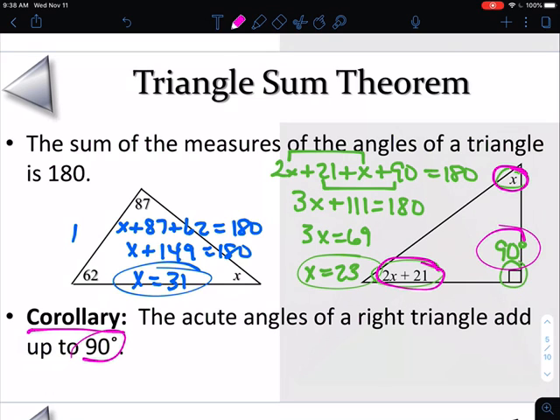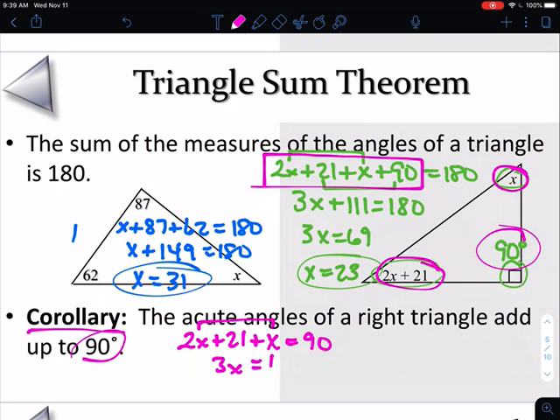Up here, we took all 3 angles and added them together to equal 180, but since it was a right triangle, we could have taken 2x plus 21 plus x and set it equal to 90. When I solve, I should get the same answer. I combine 2x and x and get 3x. Subtract the 21 over, I get 69, and then when I divide by 3, x would still equal 23.